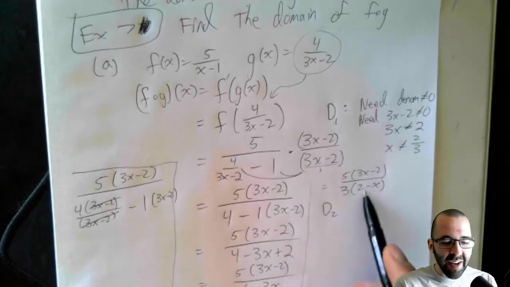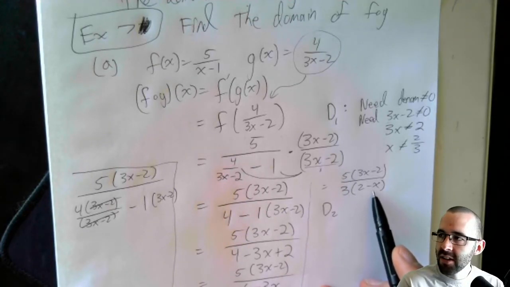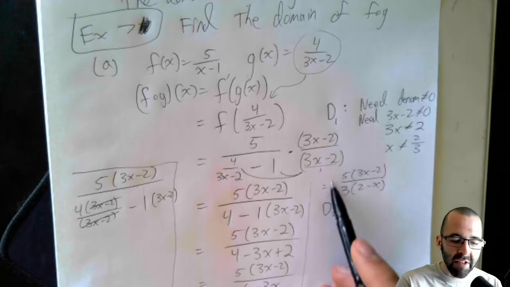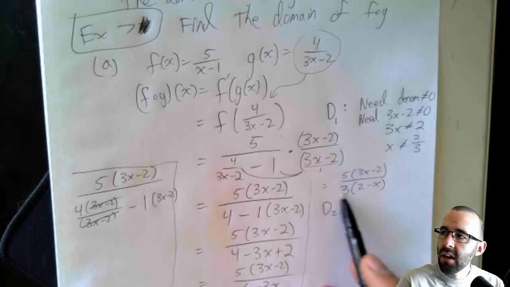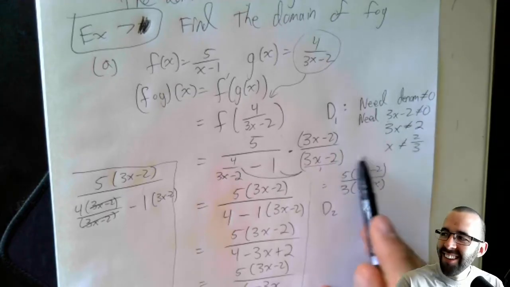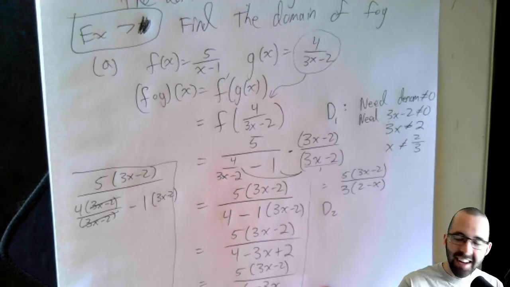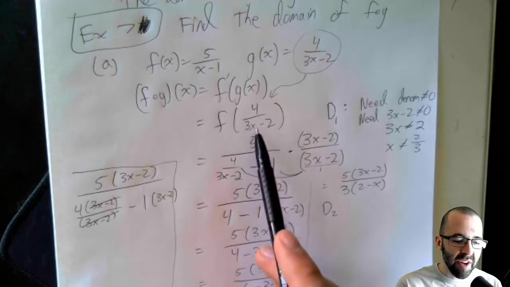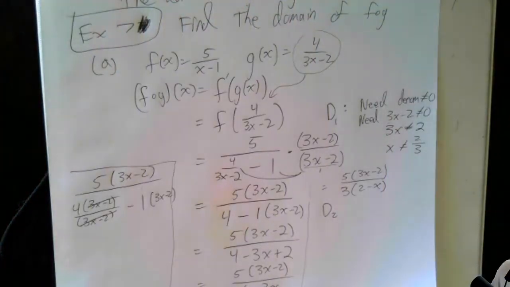So how do we find the domain of this thing? Remember, it's a fraction. So someone tell me what the domain of this thing is, this final expression. Using the same way that we found the domain of this guy, because they're both rational expressions.